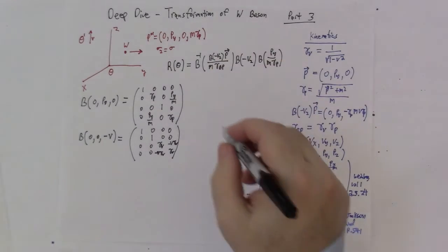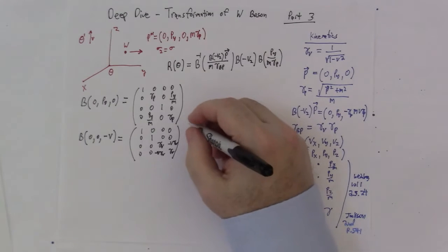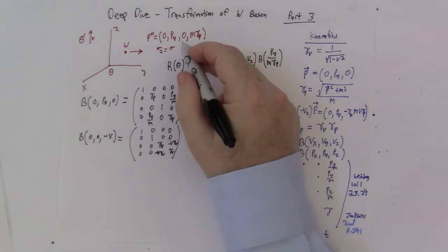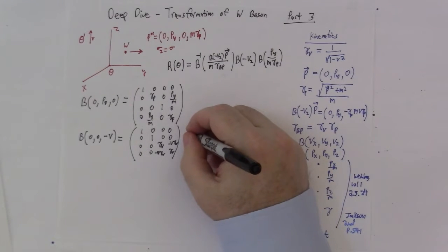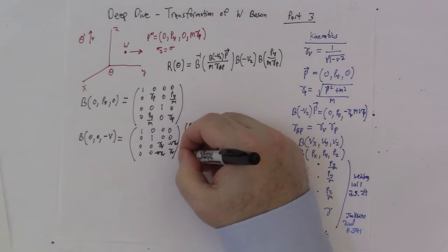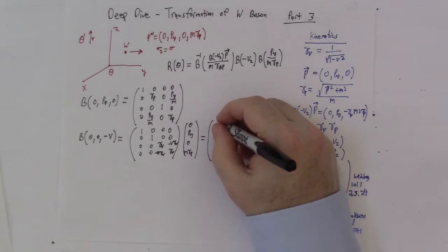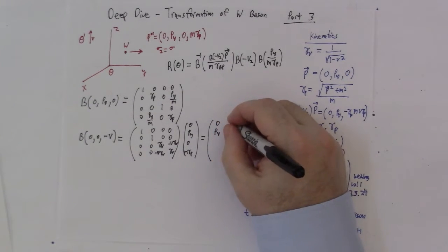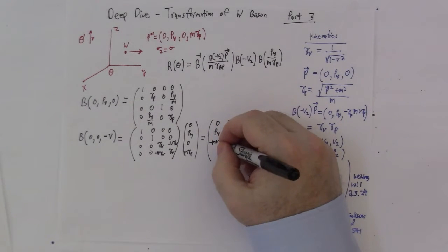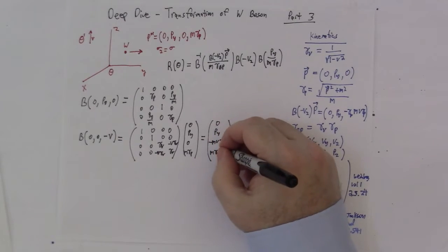Finally, our nasty looking one. If we were to multiply this by the 4 vector, 0, py, 0, m gamma p, that would be equal to 0, py, minus mv gamma p, m gamma v gamma p.